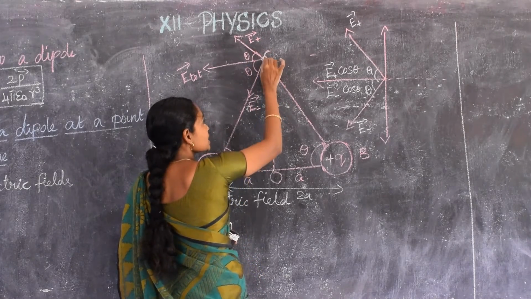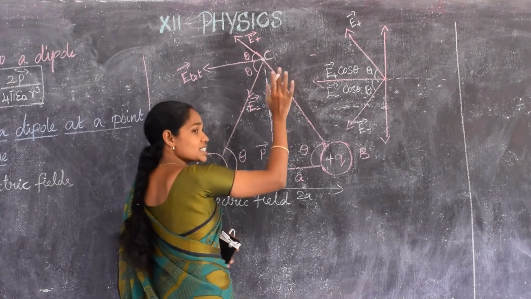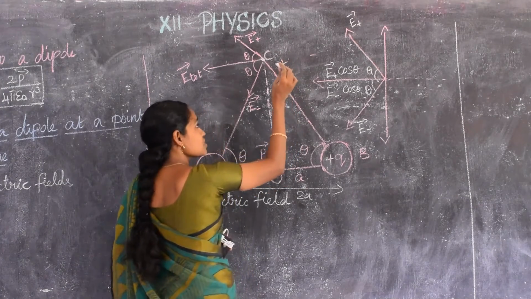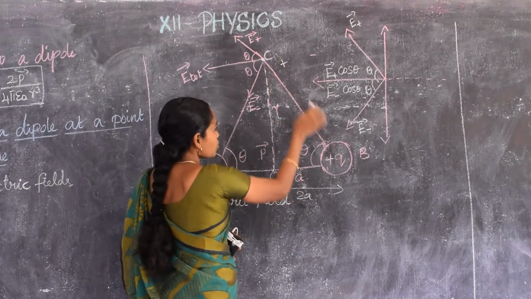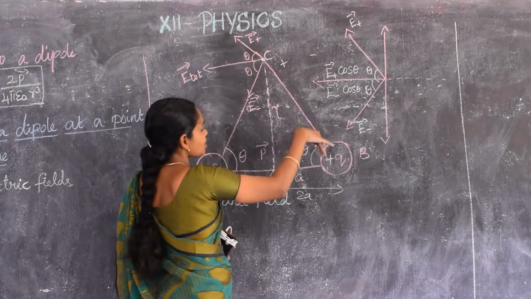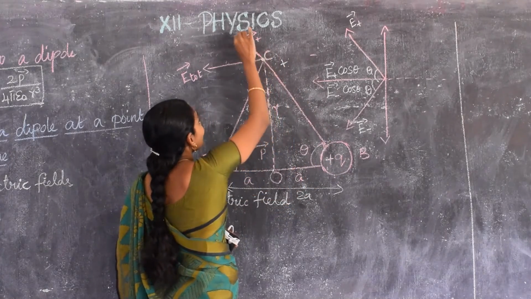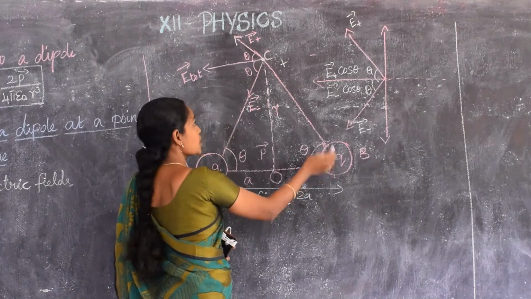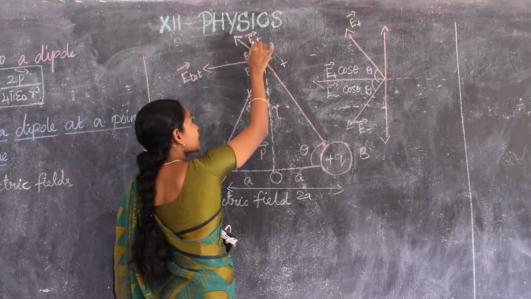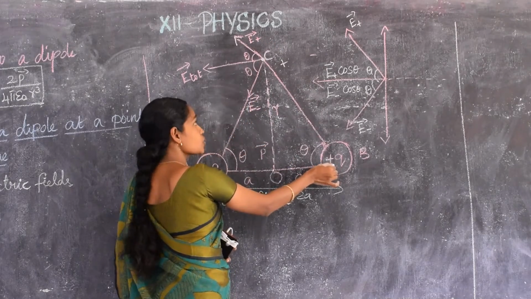Suppose we place a test charge here; we know a test charge is always a positive charge, isn't it? What will happen? Both are positive charges, so they repel each other. So, the direction of the electric field should be away from the source charge. This is the direction of the electric field due to the plus q charge.